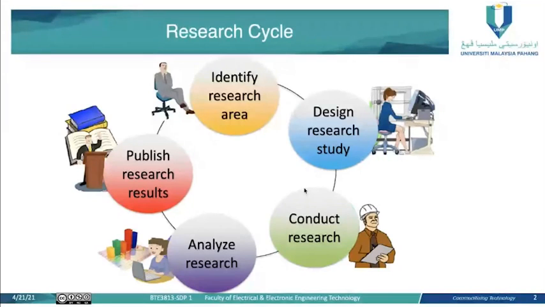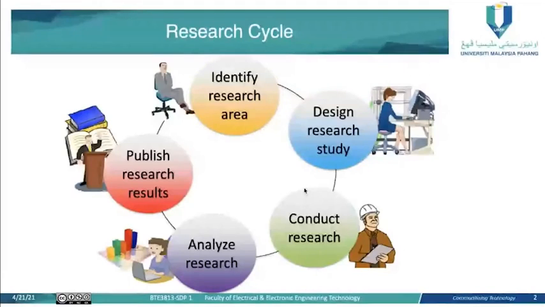So the research cycle here starts with identifying the research area. Based on the title that your supervisor suggests for you at the beginning of this semester, you are going to find the keywords of your title. You are going to search for these keywords using the existing databases, as we mentioned before, Google Scholar, IEEE Access, Elsevier, Scopus, Web of Science, whatever database is available that I shared with you last time during the briefing.